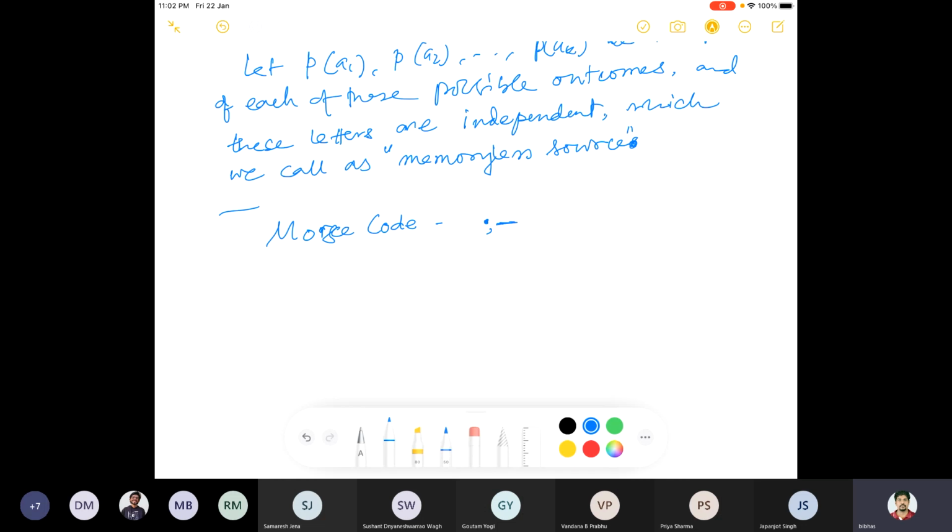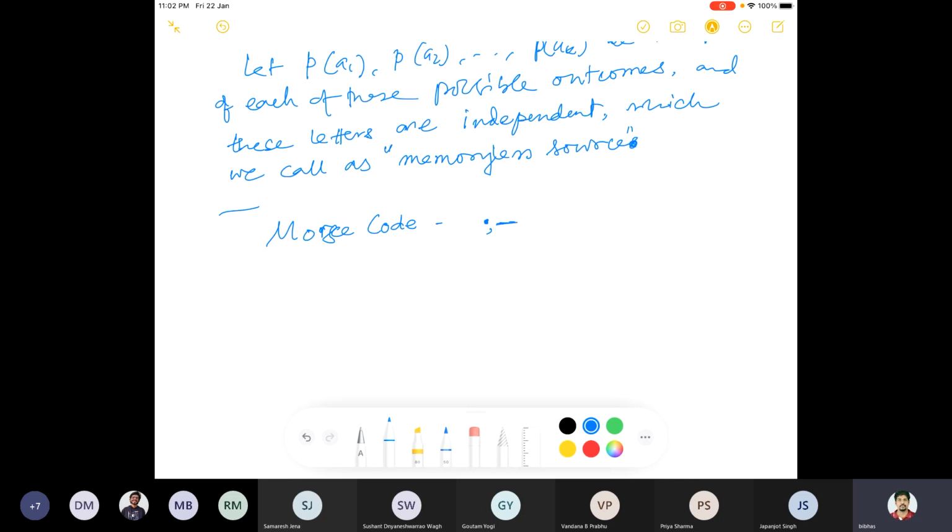What he decided in his coding scheme, the Morse code, is that commonly occurring letters get very small code words.